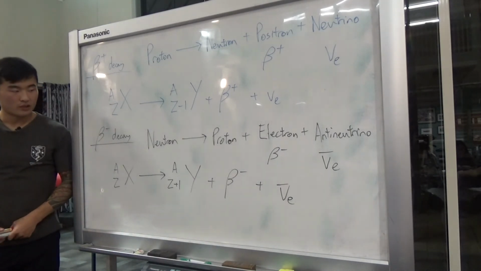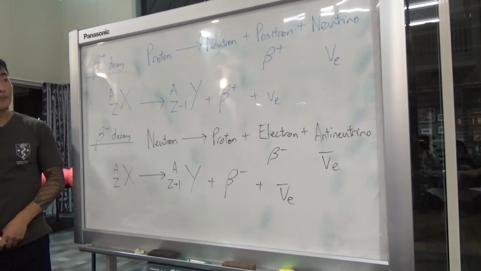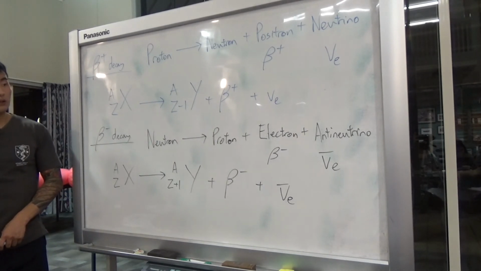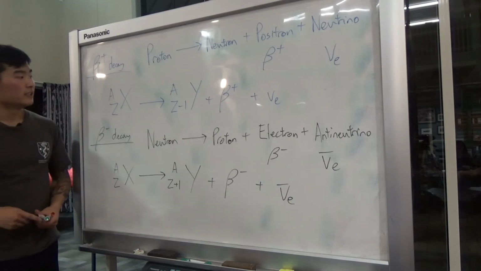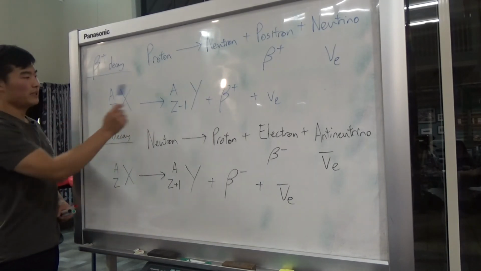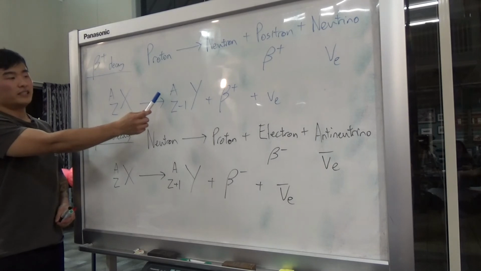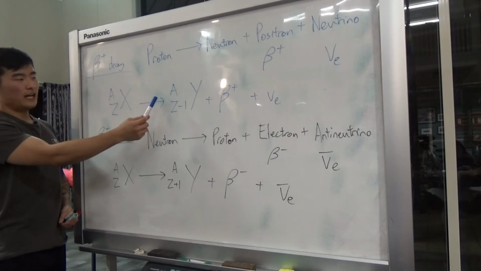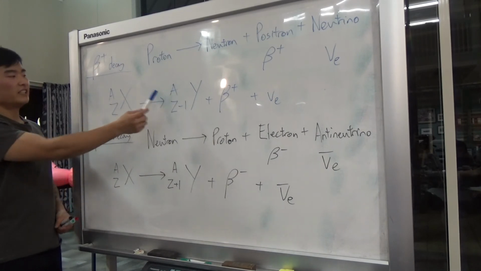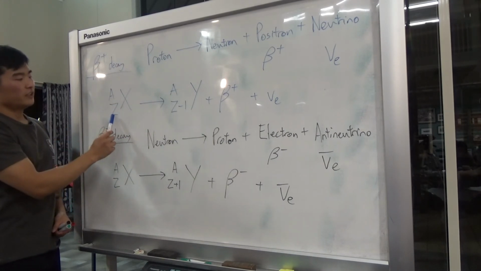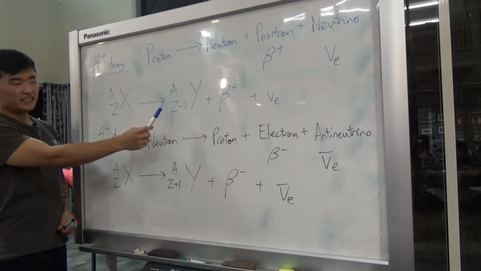All right. So if they ask you about decay questions, first of all, you're going to look at the mass number, see if that changes. If it changes, it's probably going to decrease by 4, and that's going to be alpha decay. If that doesn't change, then look at whether the atomic number changes.